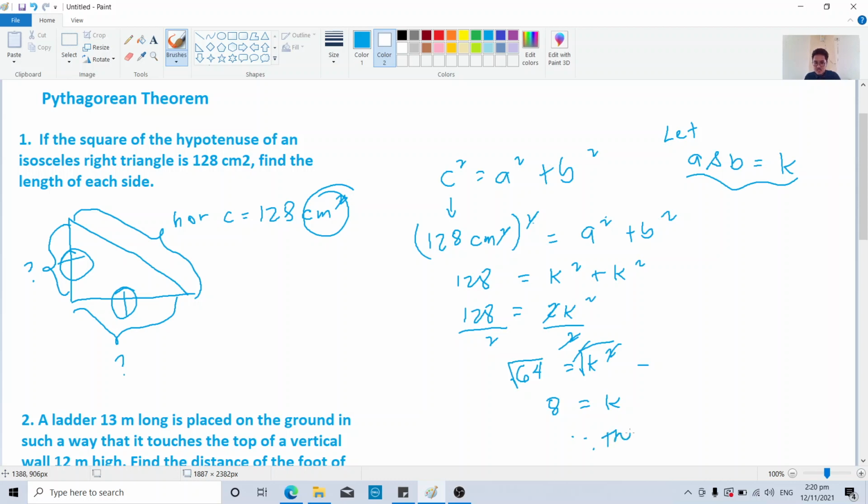Therefore, the length of each side is 8. What's the unit? Centimeter only. Why is it no longer centimeter squared?